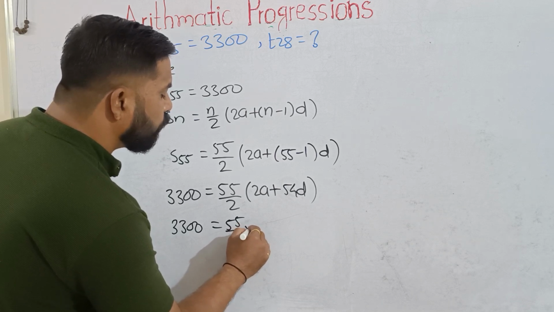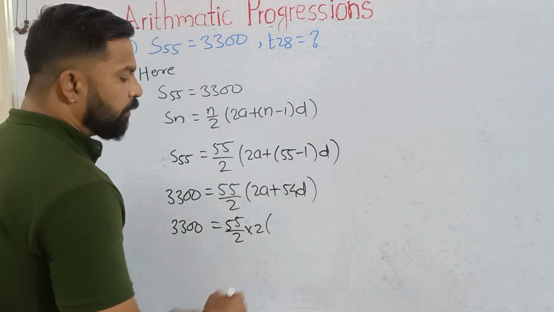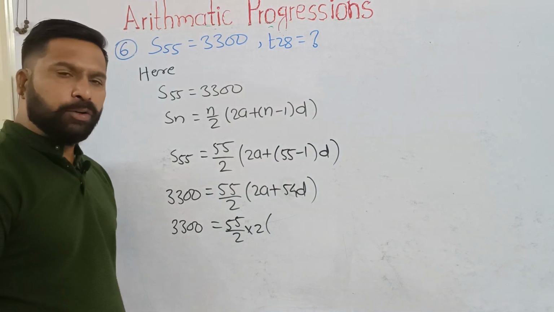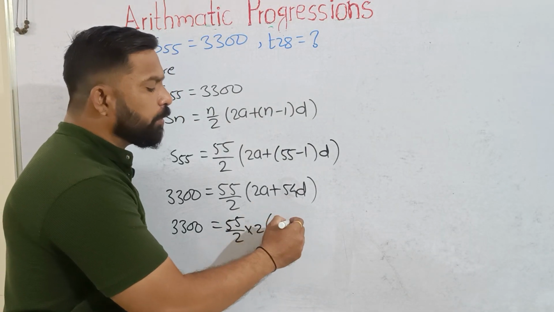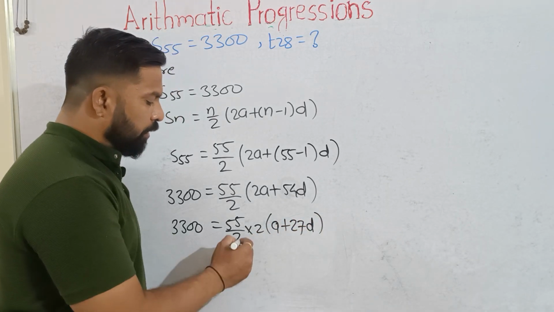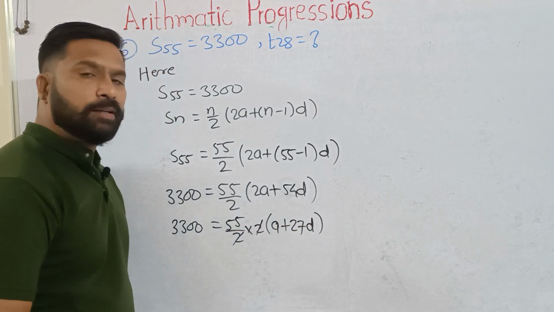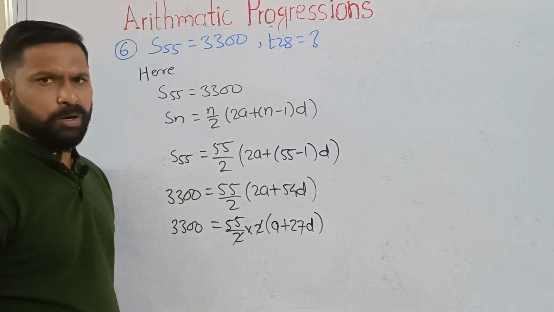Now I am taking 2 as common from both of them. If I divide 2a by 2, a will remain, plus 54 by 2, 27d will remain. This 2 and this 2 will get cancelled, no issue about it.